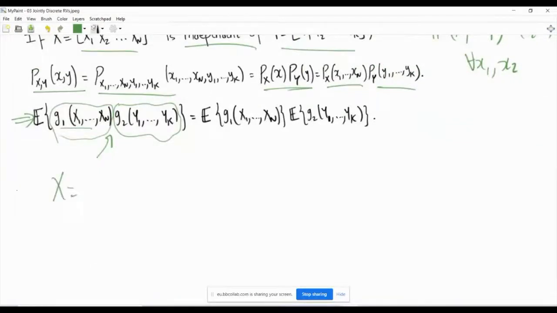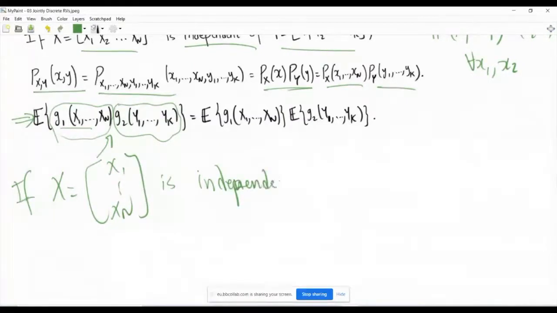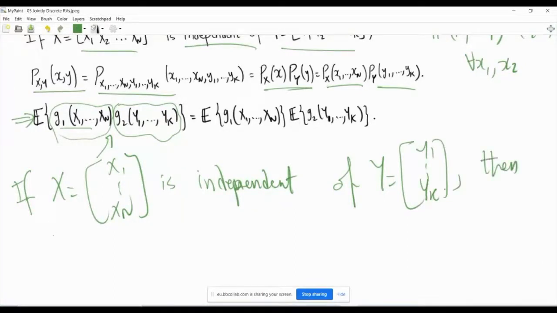So if x, which is x1 to xn, is independent of y, which is y1 to yk, then, again, very important and very useful, any function applied to the x's is independent of any function applied to the y's.